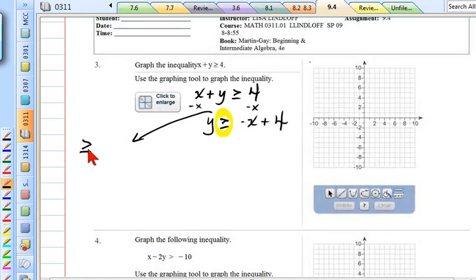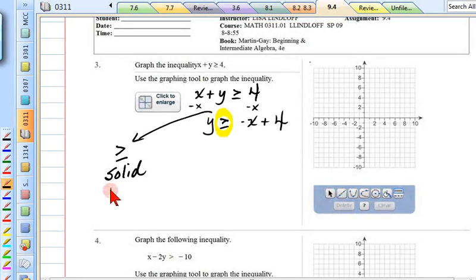Because it says equal to, when I graph the line, is it going to be solid or dotted? It's going to be solid because equal to is included. It's going to be a solid line. It's got a greater than. Since y is greater than this, will I shade above or below the line?